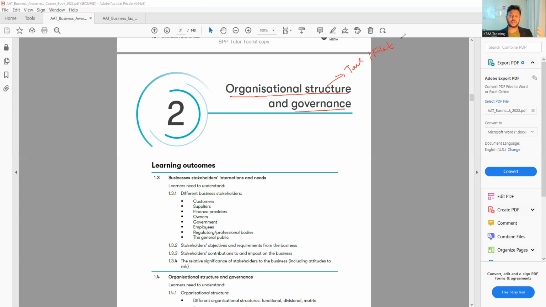A tall organization is one where you have a lot of chain of command. Chain of command means, for example, from the strategic level till the operational level, we have a lot of involvement: the senior management, then the senior supervisor, then operational management, then the worker.